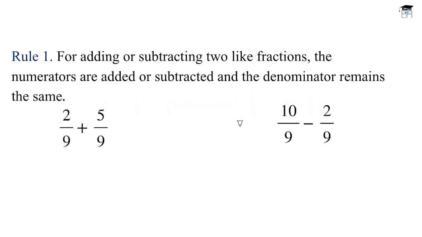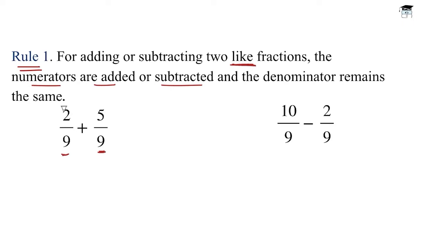So rule number 1 means to add or subtract 2 like fractions, the numerators are added or subtracted and the denominator remains the same. For example, if you want to add 2 like fractions, which means that the denominators are the same.